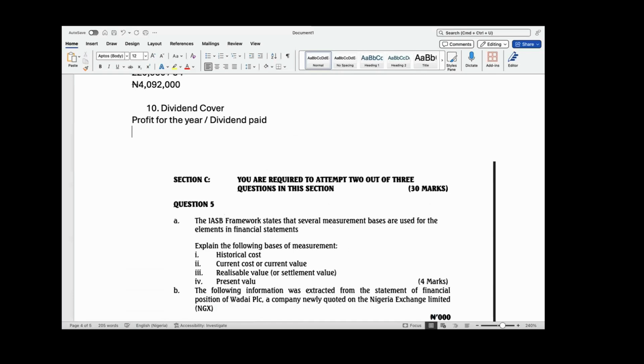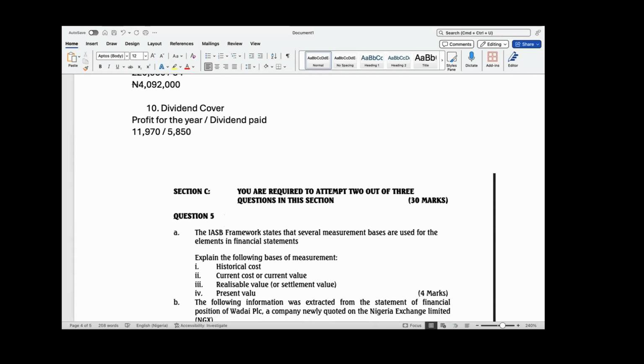So give me the profit for the year, 11,970, divided by 5,850. So how many times? 2.1. 2.0. Okay, that's about 2 times. Remember that this is times, the number of times.